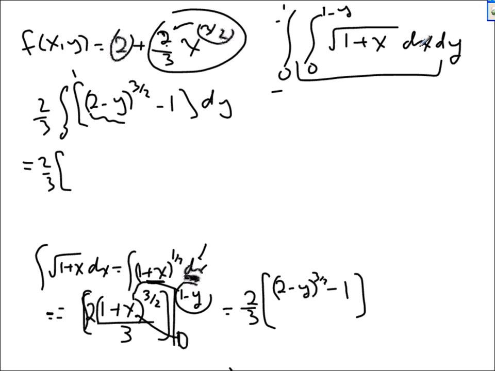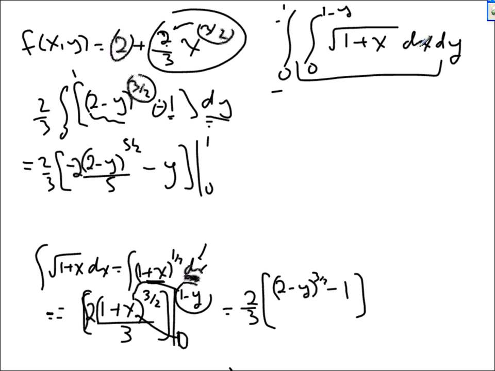If that's u, the differential is not dy, it's negative dy. So I'm going to have a negative. And basically, you add 1 to this power, you get 5 halves, and then you divide by 5 over 2. Minus the integral of 1 dy is y. And this goes from 0 to 1.